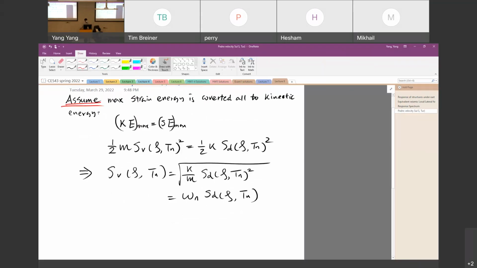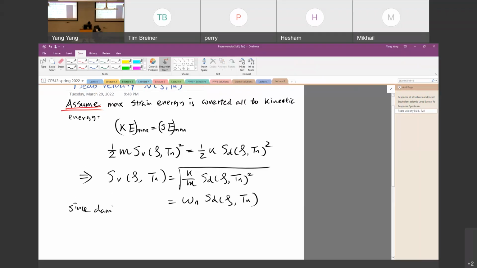This assumption is not always correct. It says something in the system is simply conservative.